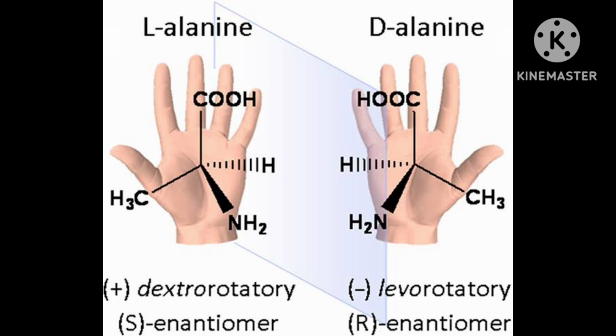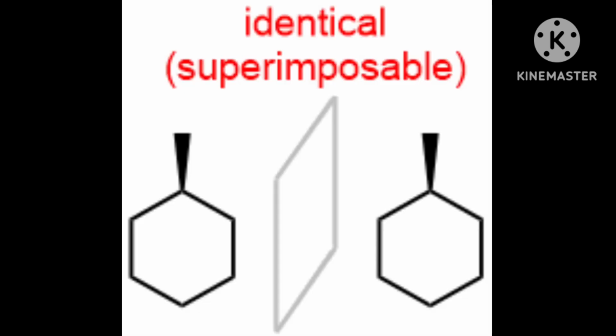Now we understood what is responsible for the optical activity. Then this asymmetry of the molecule is responsible for the optical activity in such organic compounds. Correct? Now you understood what is asymmetric. Now further you understand.